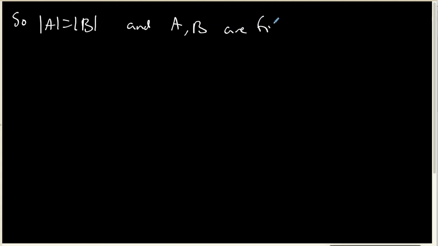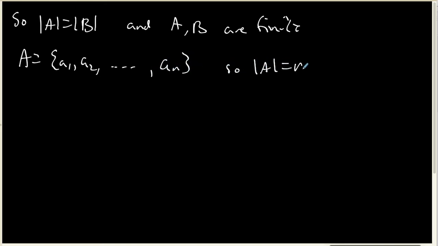And that's what I want to collect next. So if A and B have the same cardinality, and again, right now they are finite sets, what that tells me is that if I happen to be able to write A as A1, A2, all the way down to An, so the cardinality of A is exactly equal to n, then B had better be able to be written as B1, B2, all the way down to Bn.